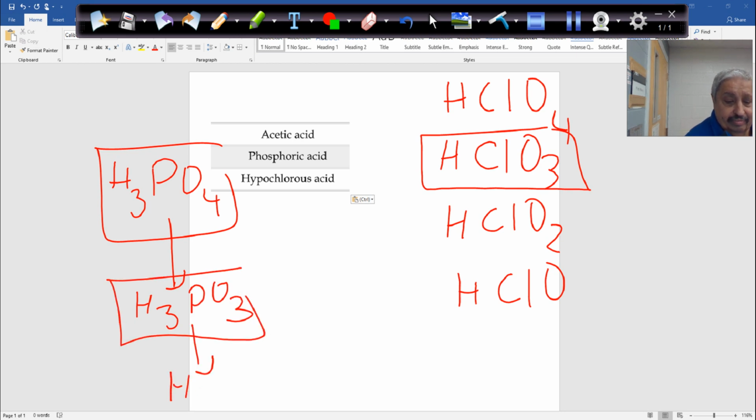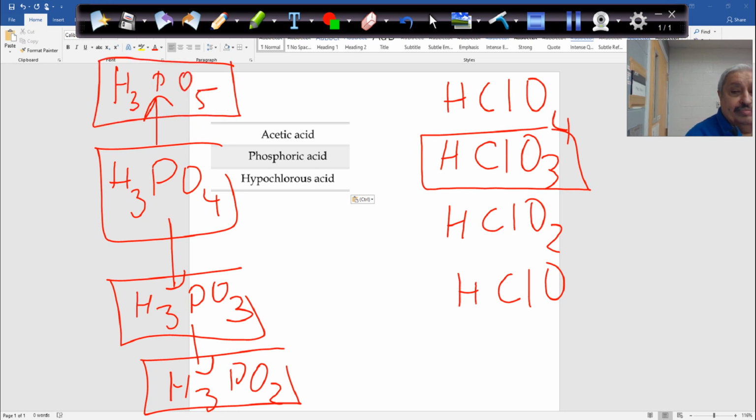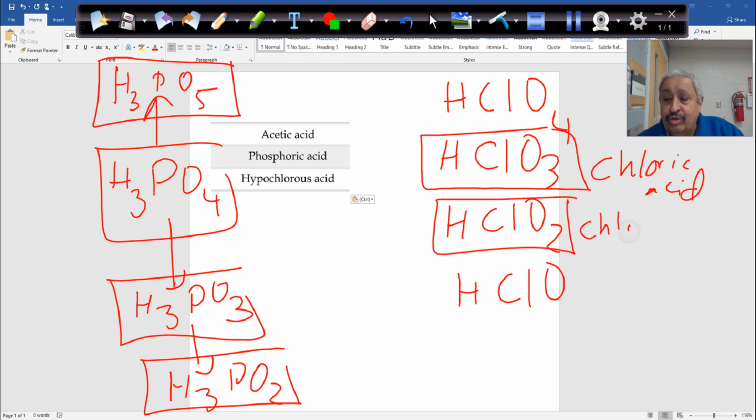Theoretically, it's not really present, but I can theoretically have something looking like this. So you will see the standard one is ic acid, no problems. No prefixes, nothing. So this is chloric acid, correct? Less oxygen will be chlorous acid. Remember this ic acid.